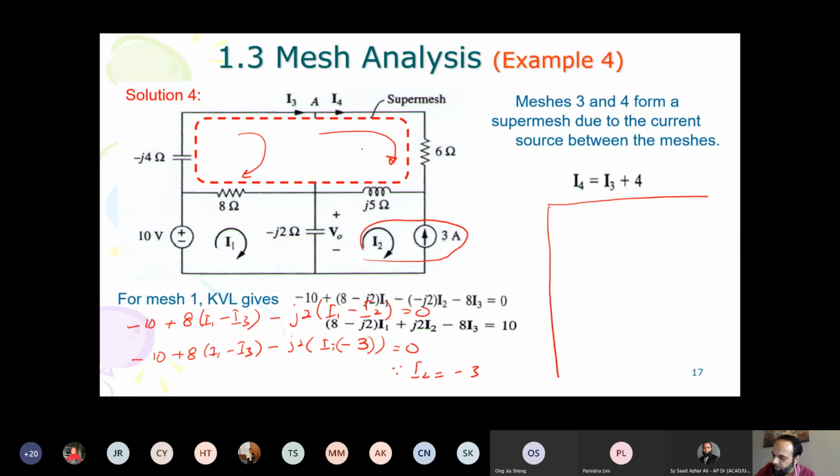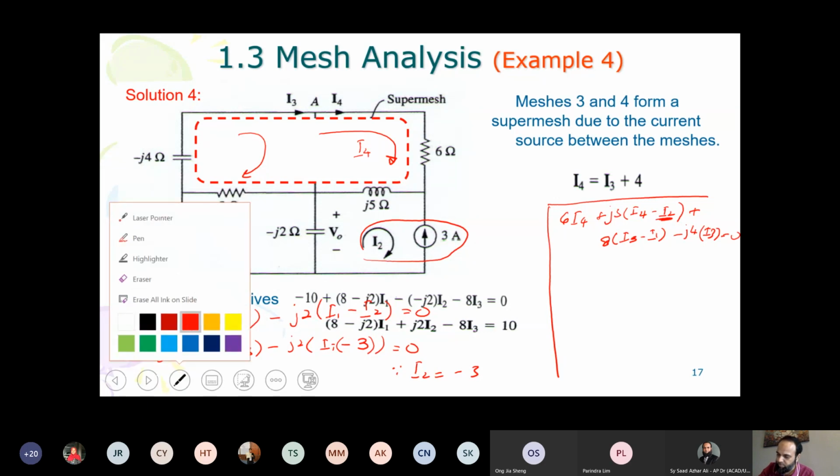The current here is I4, which will be 6 I4 plus j5 times I4 minus I2, which we can replace with minus 3, plus 8 times I3 minus I1, minus j4 I3 equal to 0. At the end, I'm a bit messy, so please forgive me.